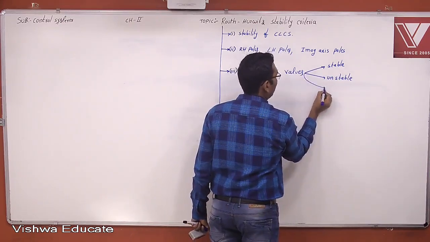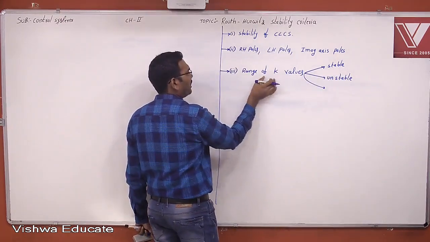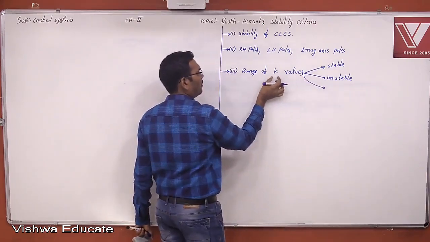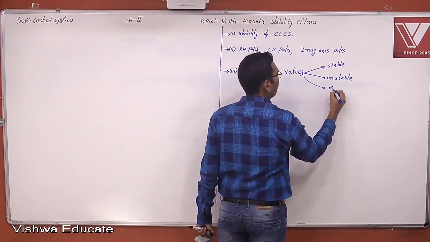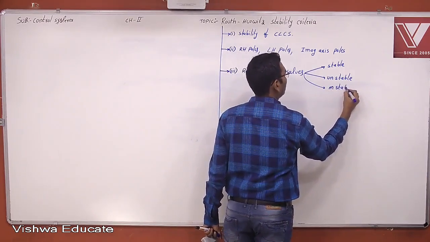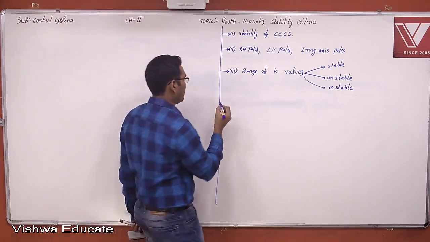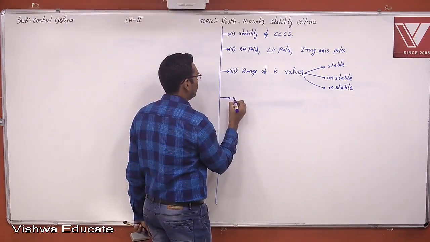What is the system gain? For what range of K should it be stable, for what range of K should it be unstable, for what range of K should it be marginally stable? Like that, the RH criteria is used to find the system gain K ranges.